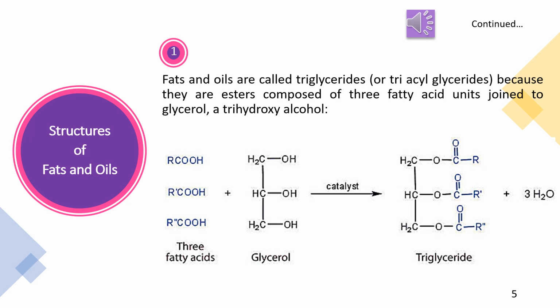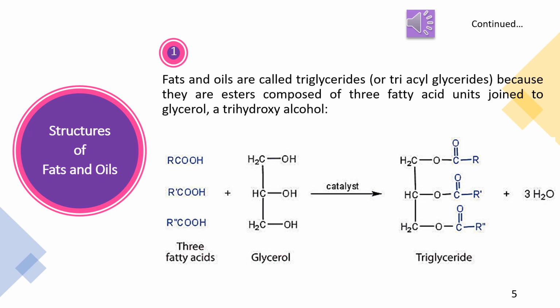So what is the structure, or the composition, of oils and fats? In this slide you will see the structures of 3 fatty acids combining with glycerol, and in the presence of a catalyst that gives us a triglyceride and liberates 3 molecules of water.